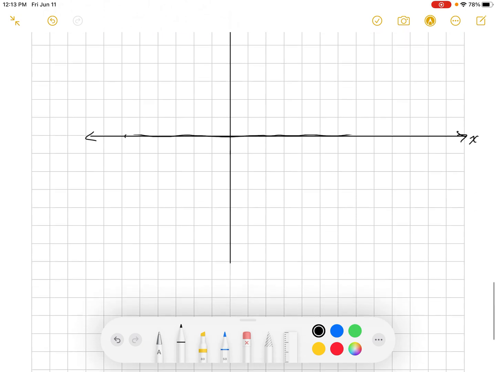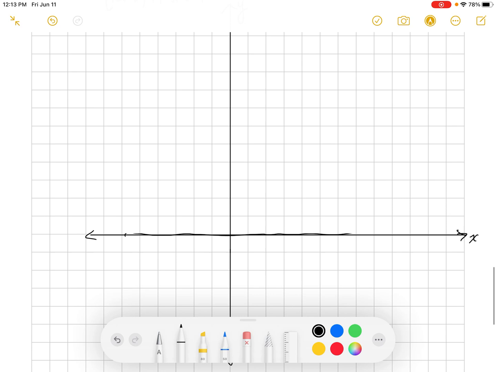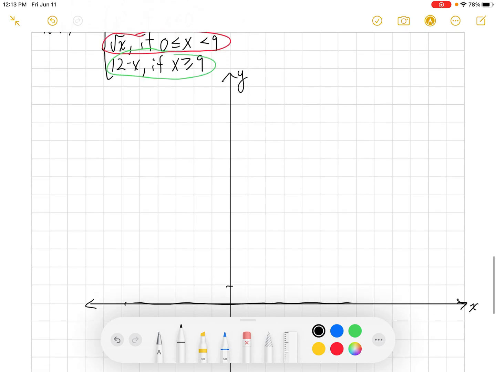Okay, this one's going to have to be long, I think. 1, 2, 3, 4, 5, 6, 7, 8, 9, 10, 11, 12.